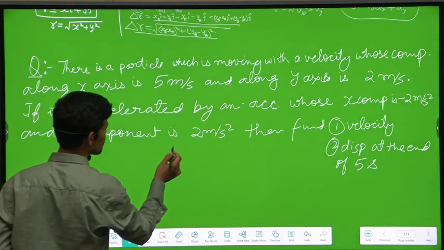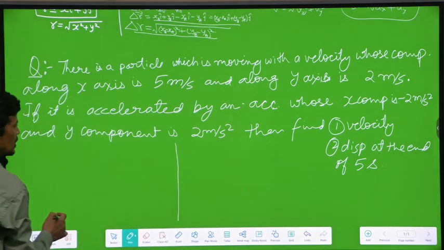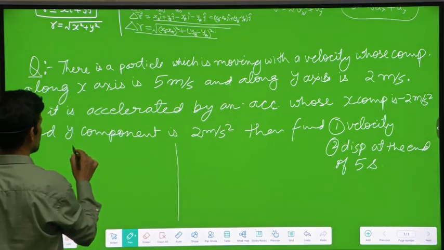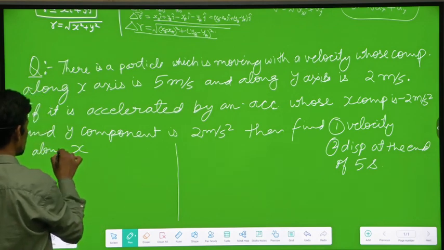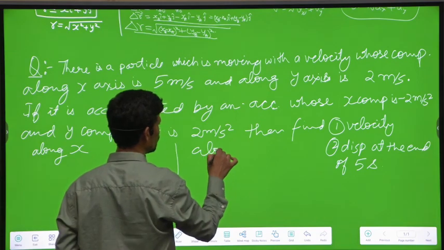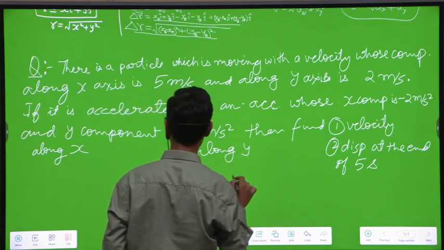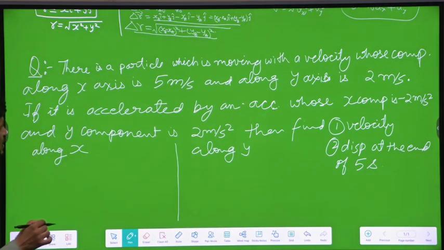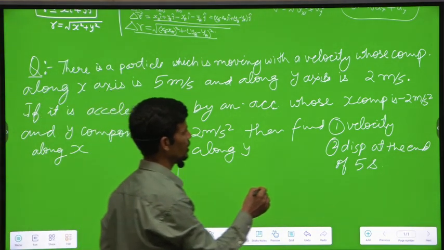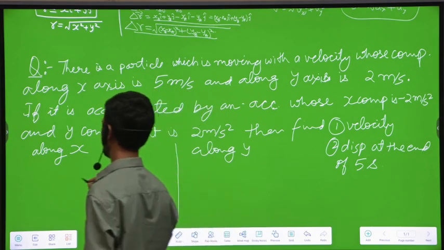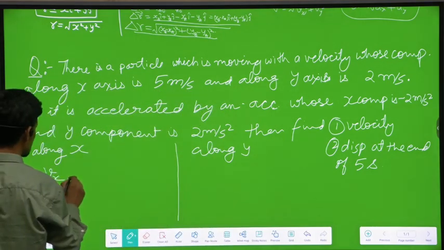So we can solve this problem separately along the x axis and along the y axis. So along the x axis, in order to find velocity, we can write Vx.